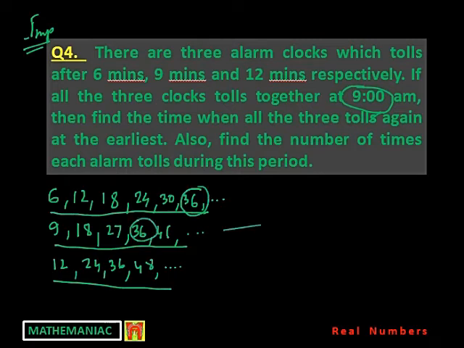It is the lowest of its kind. Going further, you will get more common ones. But this number you can see. That means after passing 36 minutes, you will again get a common ring from all the three clocks. You have to find this 36.